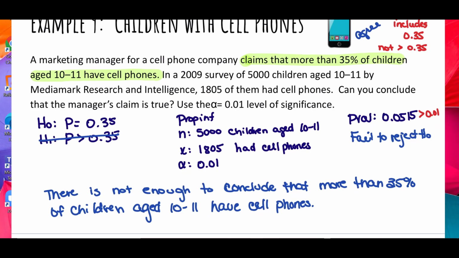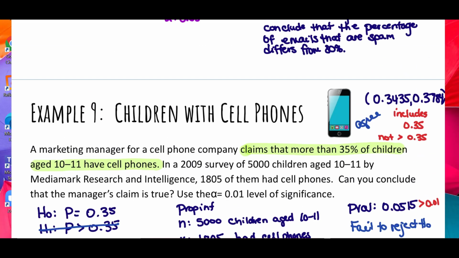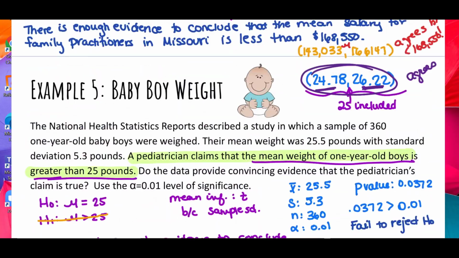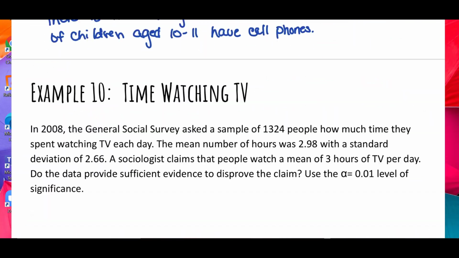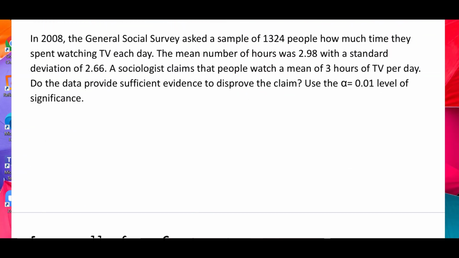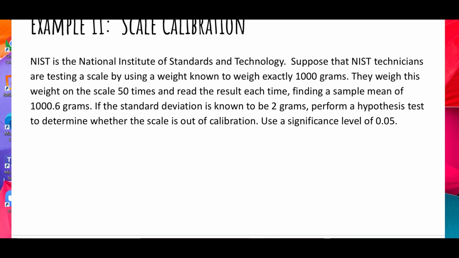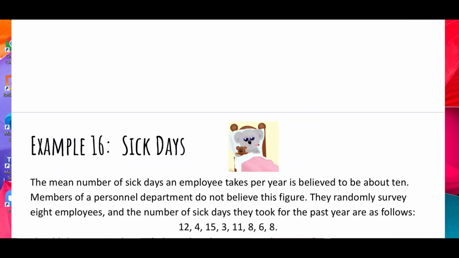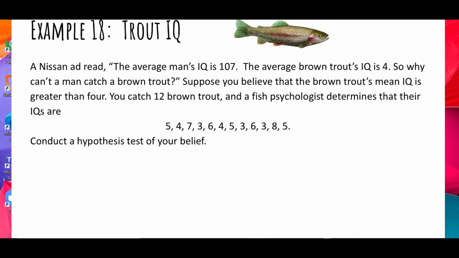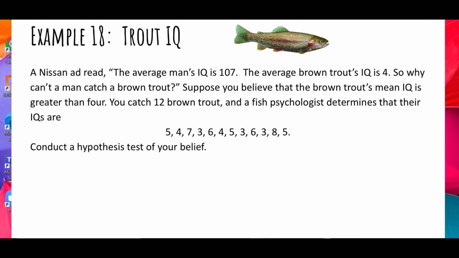Okay, so we worked examples 1 through 9 together. There are examples 10 through 18 that you can work on your own, and I would really encourage you to do so, to practice setting it up, figuring out what kind of test to run, running the test, getting the p-value, making your decision, and then from there writing your conclusion.